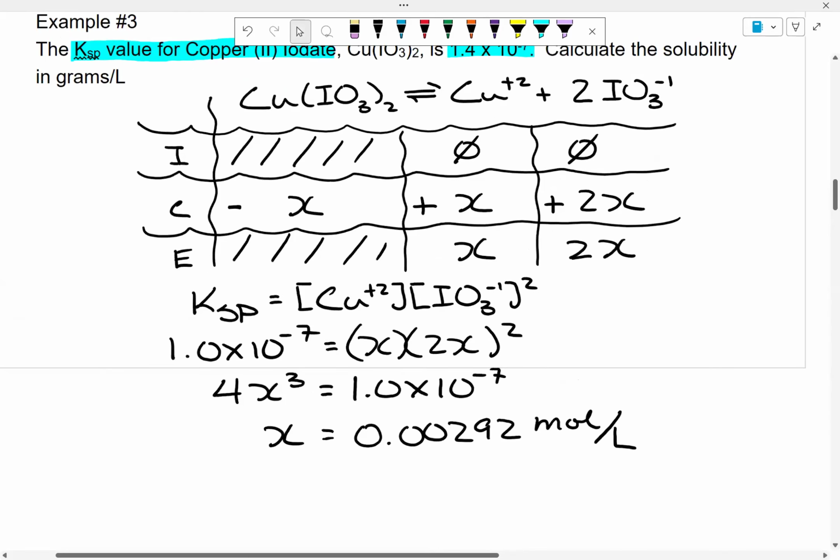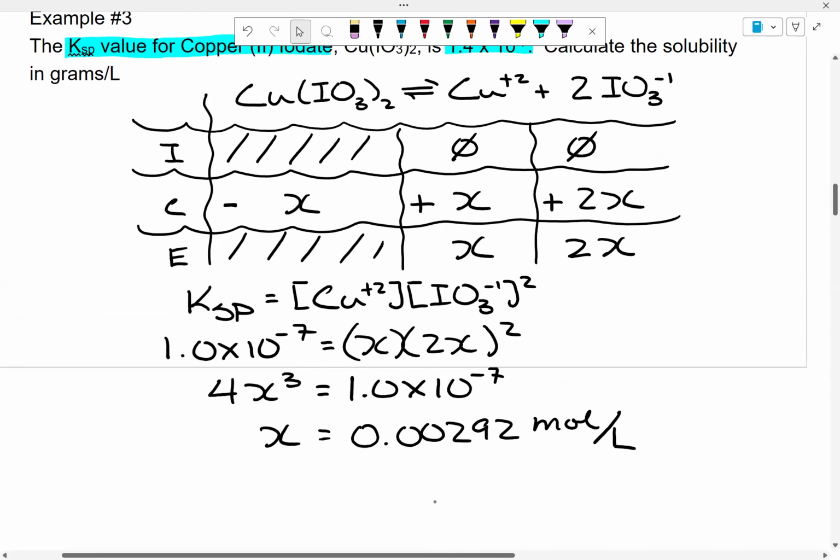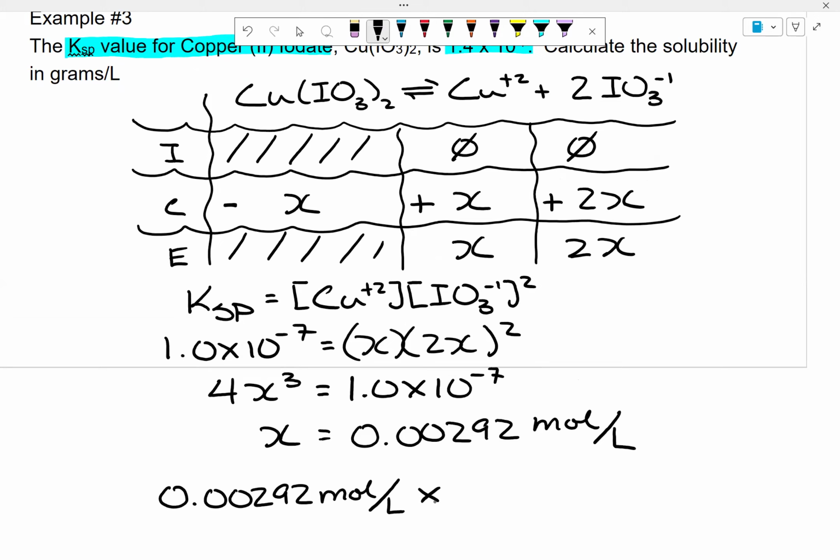Now, they want the answer in grams per liter. So you just take, in this particular case, 0.00292 moles per liter times the molar mass of copper 2 iodate. I think copper 2 iodate is 1.9 times 2 and 63.5.